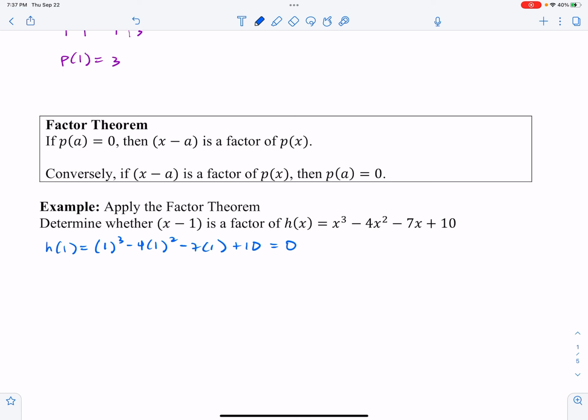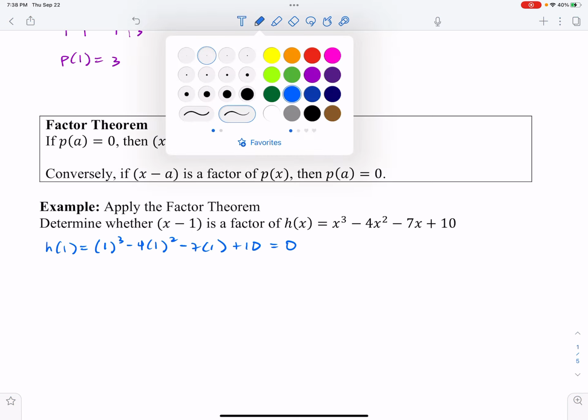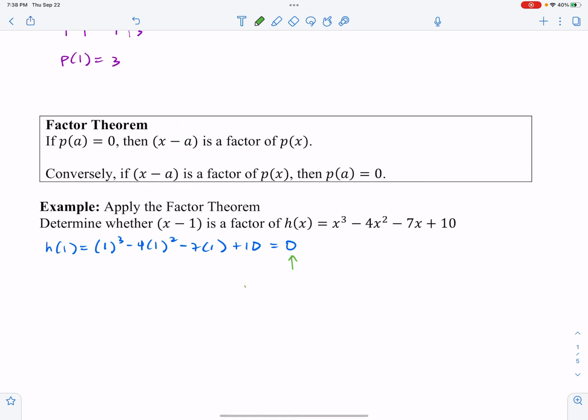Okay, so that means that 0 is the remainder of x cubed minus 4x squared minus 7x plus 10 divided by x minus 1. And that's useful to us because if we were trying to factor h of x, we would know that x minus 1 is a factor of h of x.